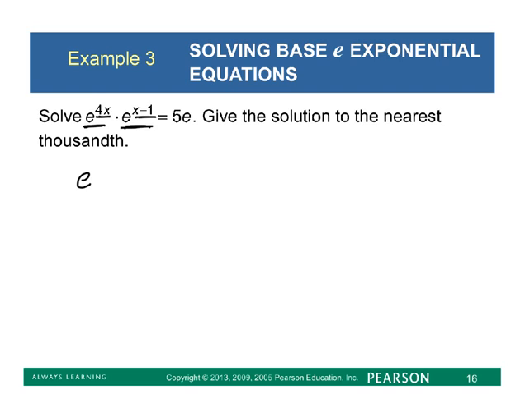So we get e to the 4x plus x minus 1. So 4x plus x gives us 5x, then minus 1. That's equal to 5e. So now the next step on this one is to take the natural log of both sides.